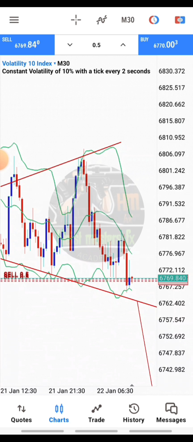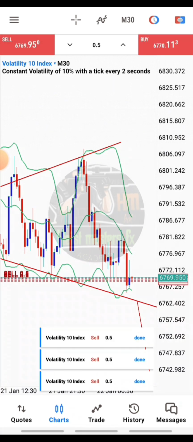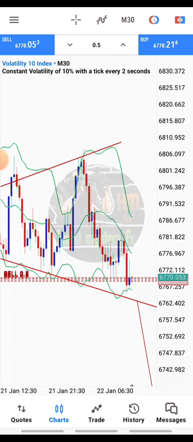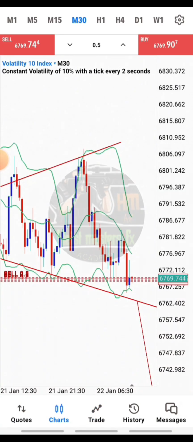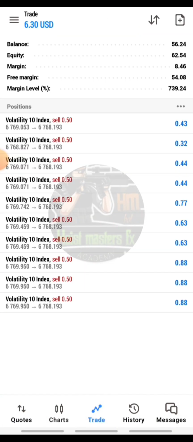We are still opening more positions, and to that point we are in a little bit of drawdown. That is why I never wanted to full margin at that point, but I kept on adding these positions because we want to maximize this movement.